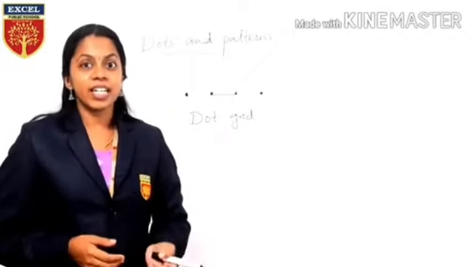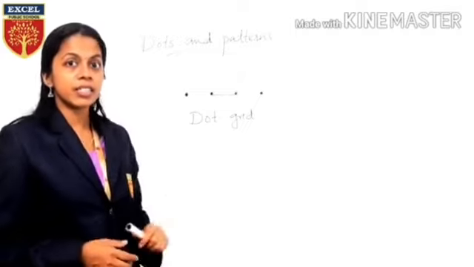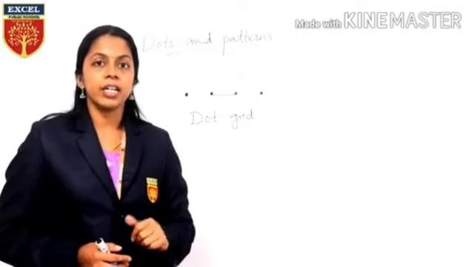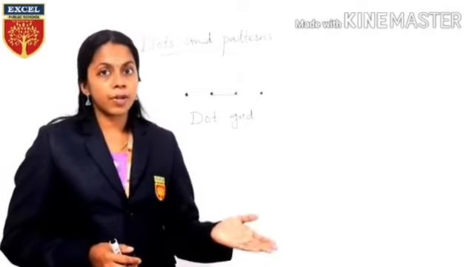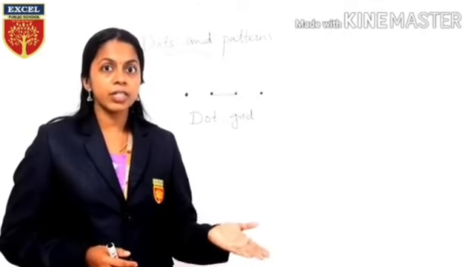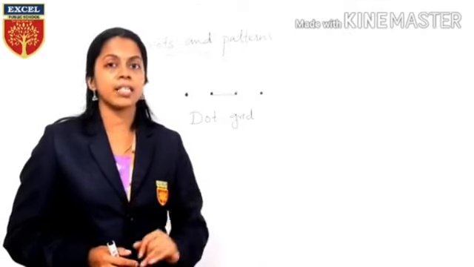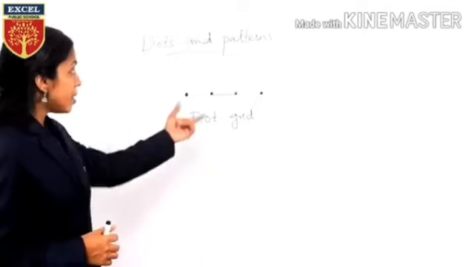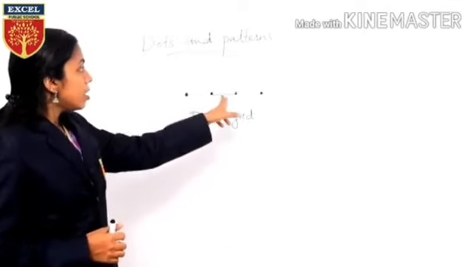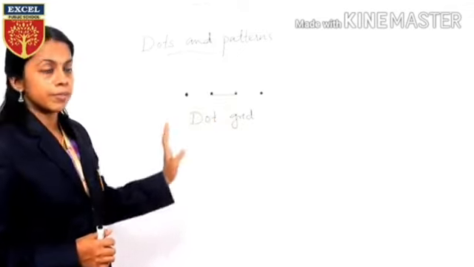So children, did you understand what is a dot grid? Yes, correct. Dot grid means a number of dots are arranged in an equally spaced manner. That means the space between the dots is equal.